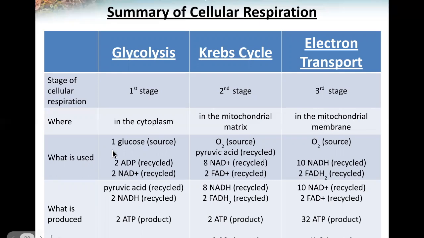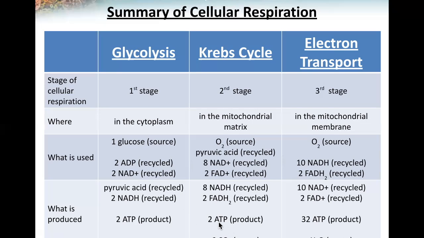What is used in glycolysis? One glucose. In the Krebs cycle, oxygen and pyruvic acid. In the electron transport stage, oxygen is used. Many items are recycled and run through a series of reactions that end up producing 2 ATP for the glycolysis net.